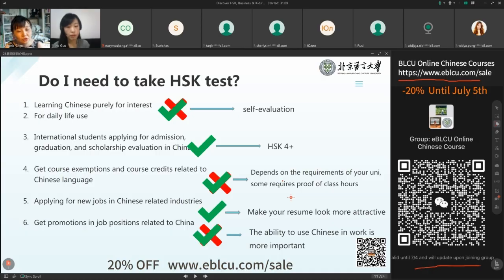The ability to use Chinese at work correctly or fluently is more important than the HSK certificate itself. The real ability is more important if you're already working in an industry related to China or Chinese. So I would say it's a yes or no for the HSK test itself.